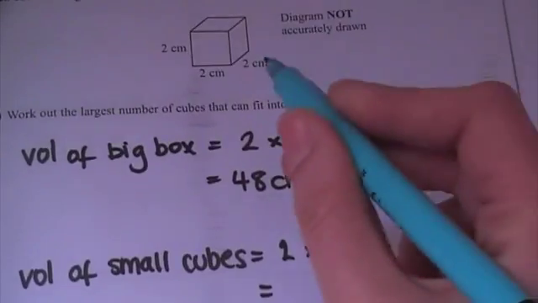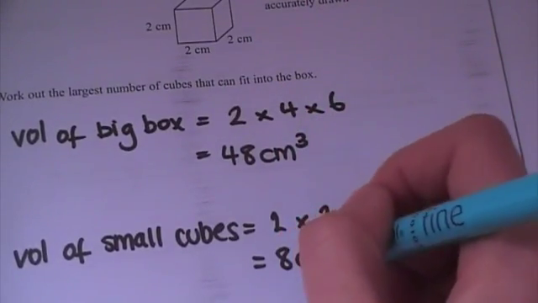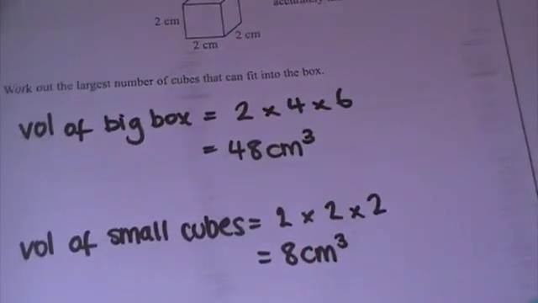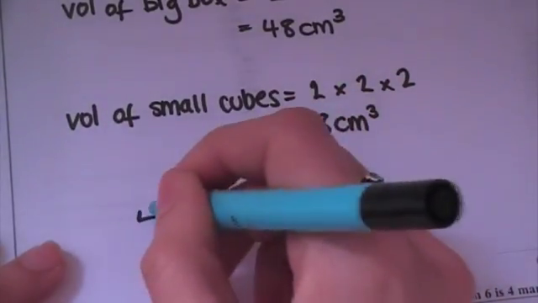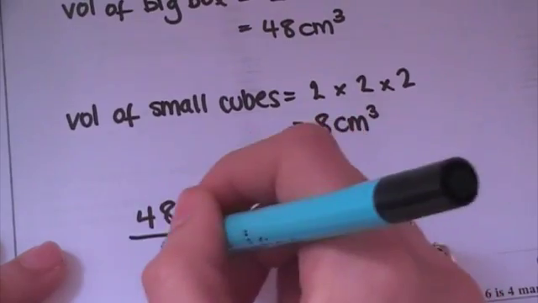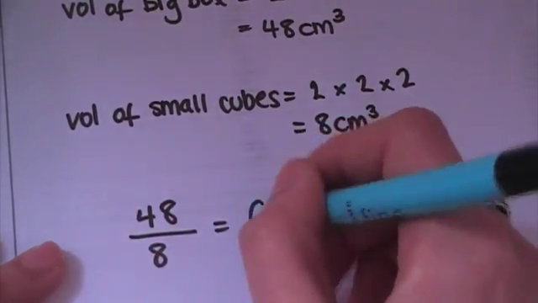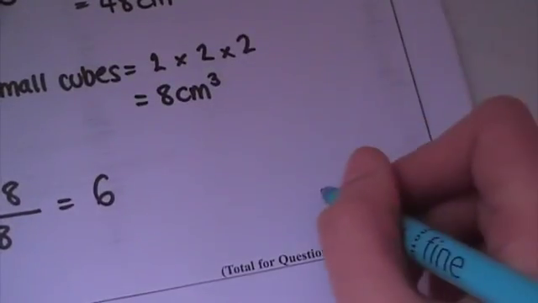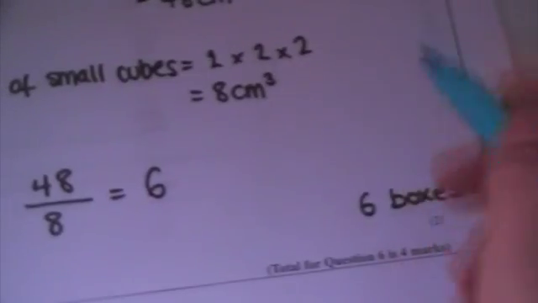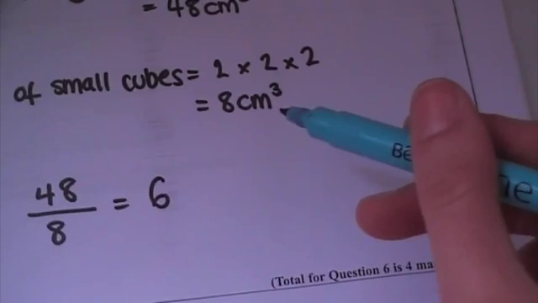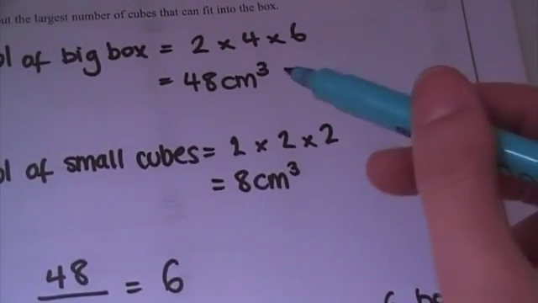So the volume of one of these smaller ones is 8 centimetres cubed. So to work out how many of these smaller ones fit into the larger one, we will do 48 divided by 8, which gives us 6. So our answer, 6 boxes. Because that's how many of the smaller ones, that are volume 8 centimetre cubes, will fit into the larger volume of 48 centimetre cubed.